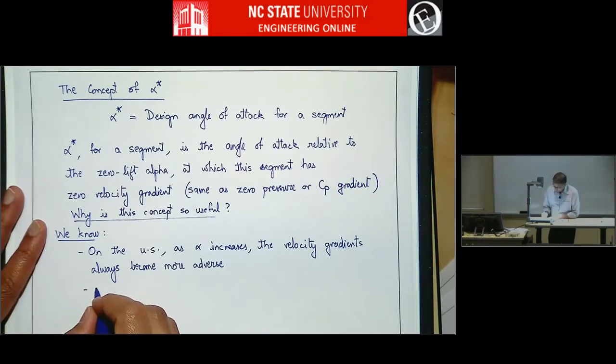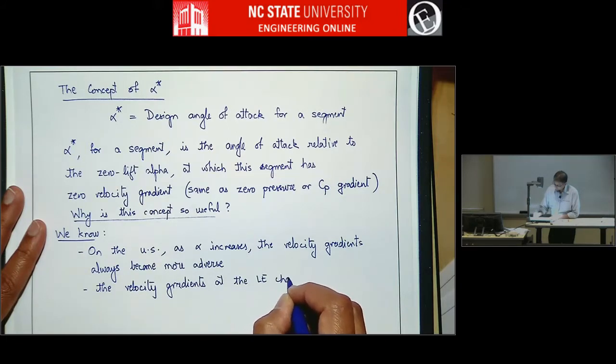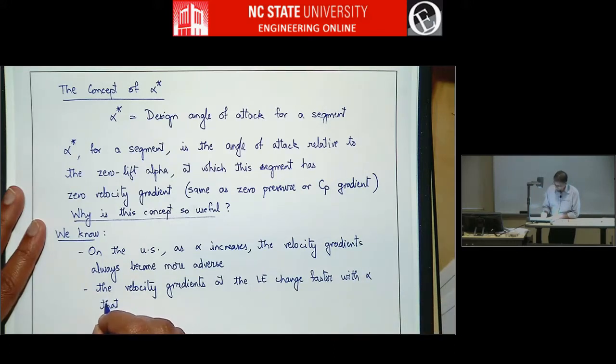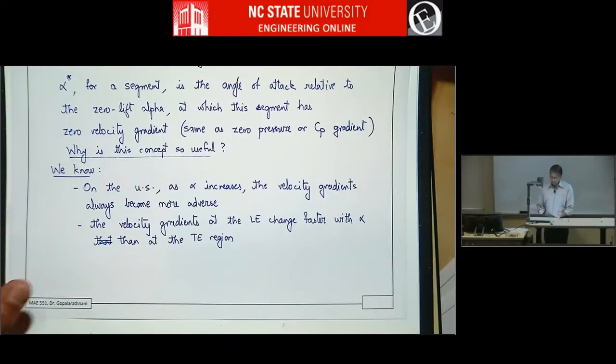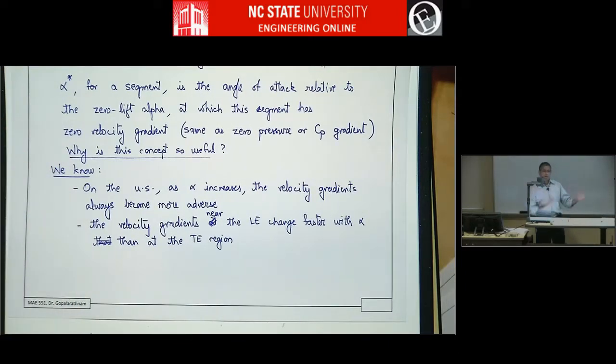We also know that near the leading edge, towards the front part of the airfoil, velocity gradients change more rapidly for a given alpha change compared to near the back part of the airfoil.